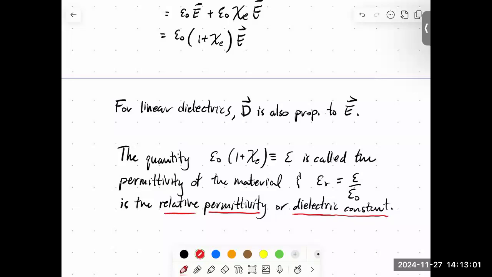In fact, the peak in the dissipation for water is not at 2.45 gigahertz, but way up closer to 20 gigahertz. You might think that if my microwave operated at 20 gigahertz, I would heat my food faster. Unfortunately, the depth that the fields penetrate into your food is also frequency dependent, and as you go higher in frequency, the penetration gets shallower and shallower.